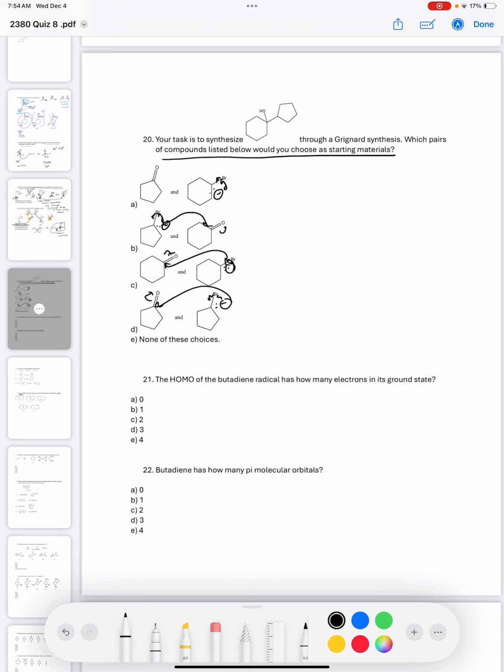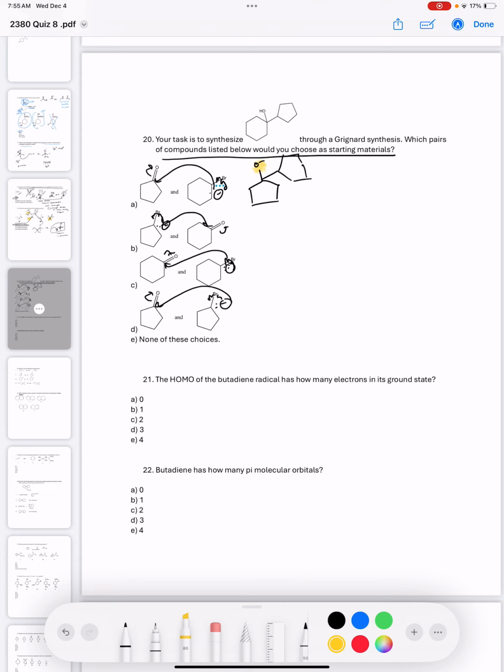It'll attack and kick up, or it'll attack and kick up. So for all of these, we would get O- from what used to be there, plus a bond to our new structure. So in this one, the O- is adjacent to the 5-membered ring.